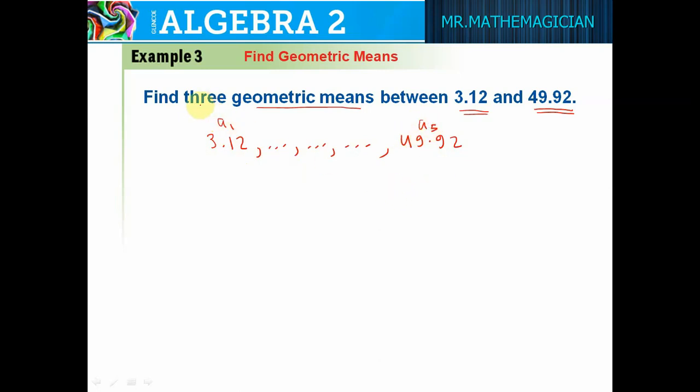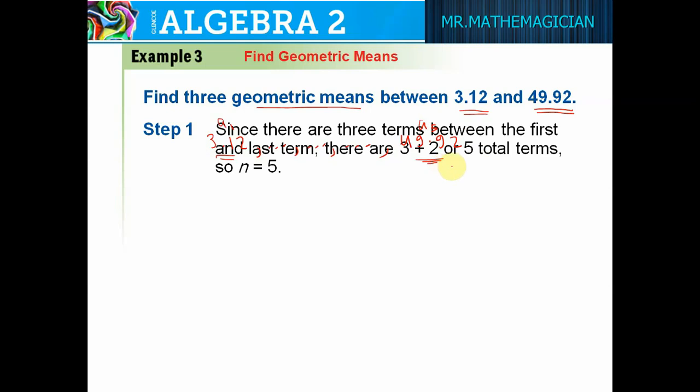Since we are inserting three terms between two terms, this is the first one and this will be the fifth one. So now, since there are three terms between the first and the last term, there are 3 plus 2 or 5 total terms, so n is 5.